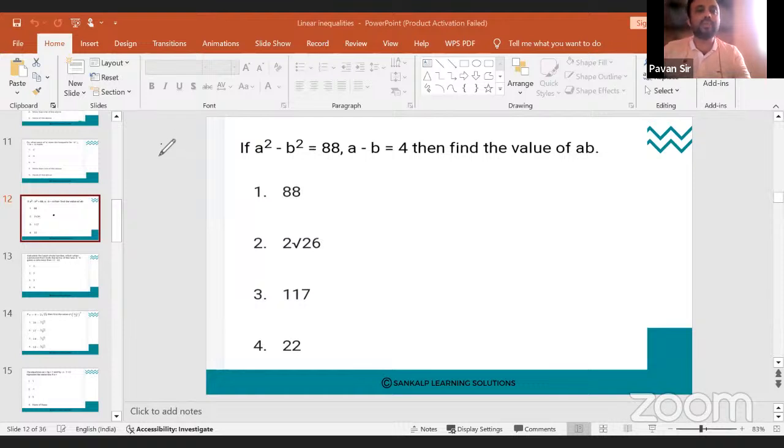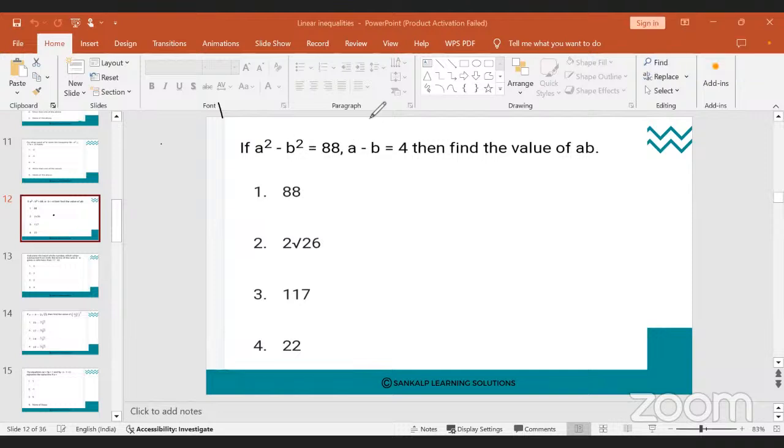If a square minus b square is 88, a minus b is 4, then find the value of a into b. Try to solve this. Easy question.